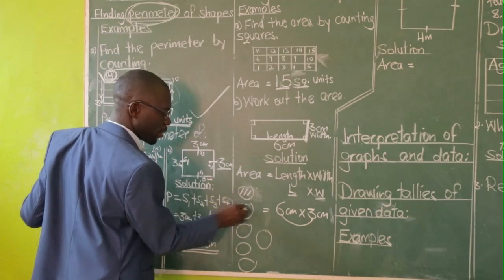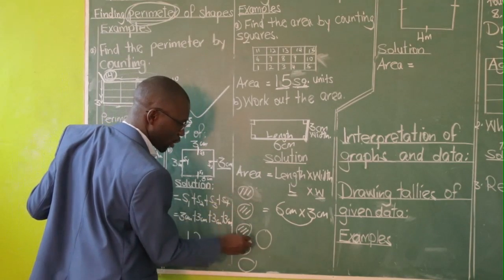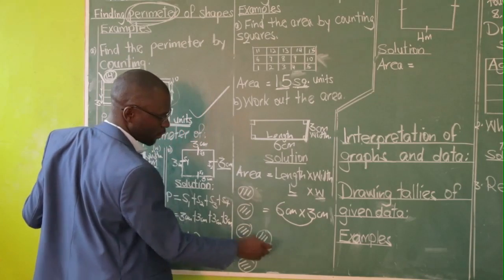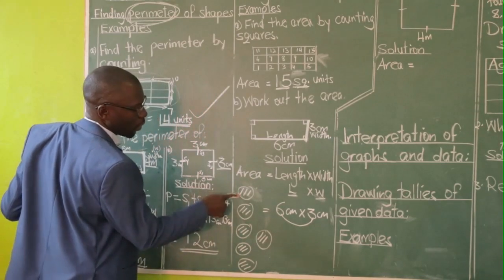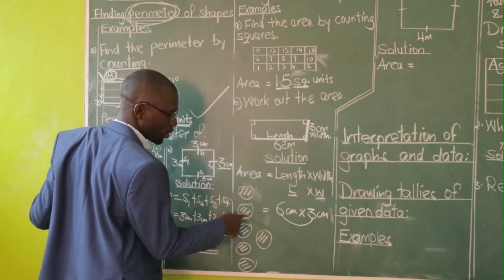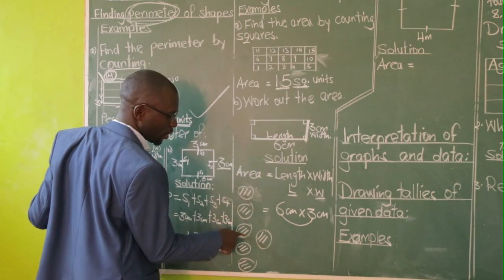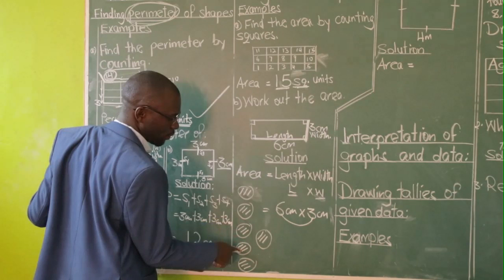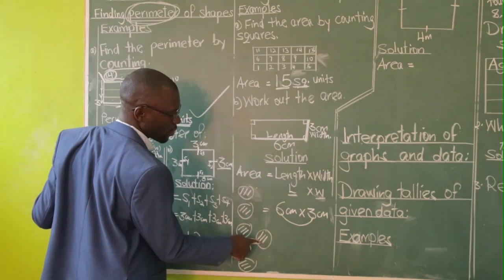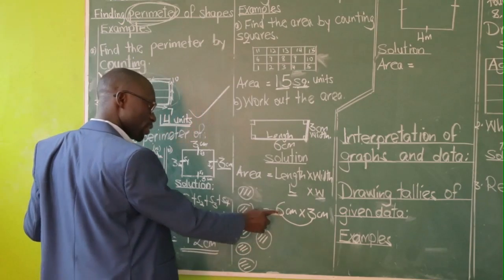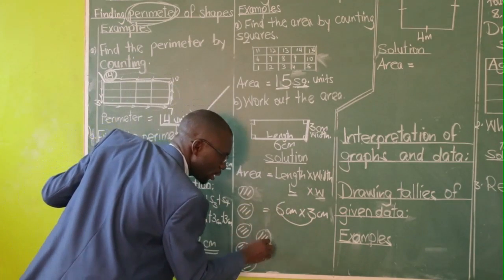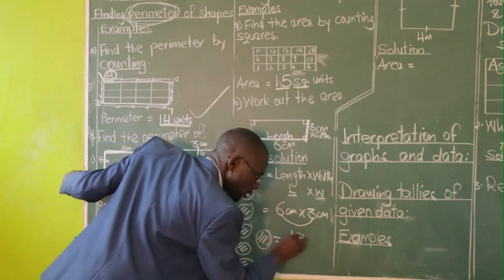This is how we can simply multiply, so that things are very easy for us. So let's count. 1, 2, 3, 4, 5, 6, 7, 8, 9, 10, 11, 12, 13, 14, 15, 16, 17, 18. 6 times 3, or 6 multiplied by 3, the answer is 18.